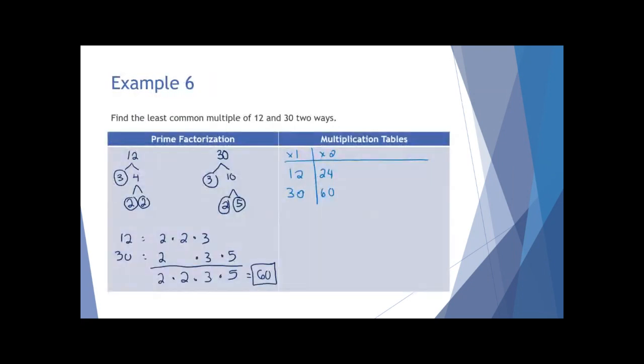So now I'm going to do times 3, and I'm going to keep doing this until I find a number they have in common. So 12 times 3 is 36. 30 times 3 is 90. Still nothing in common, so now I have times 4. 12 times 4, 48. 30 times 4 is 120.